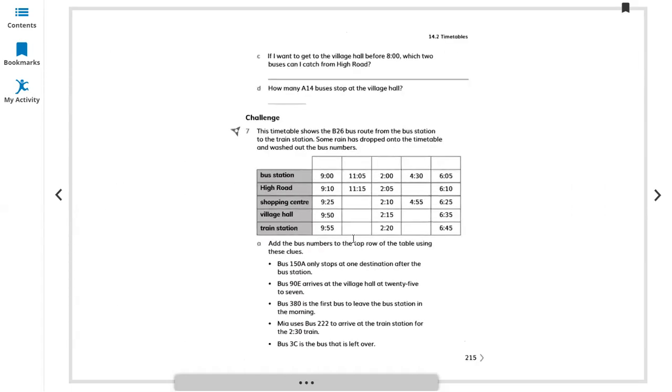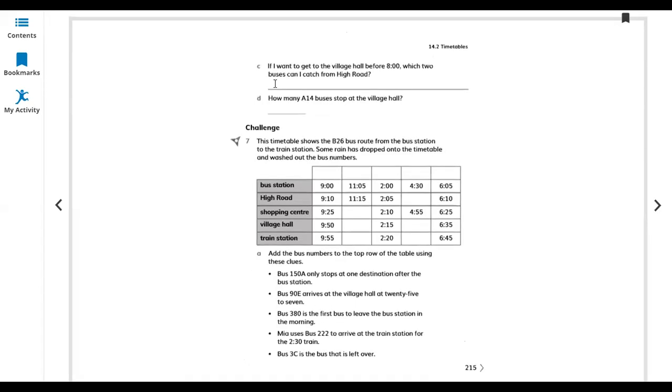These two buses, because it's all before 8 o'clock.